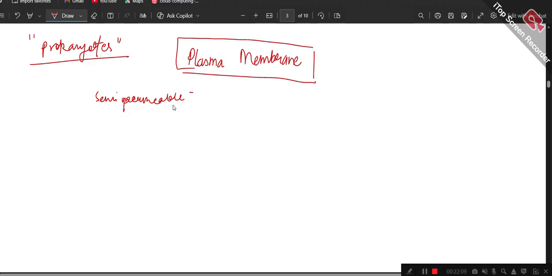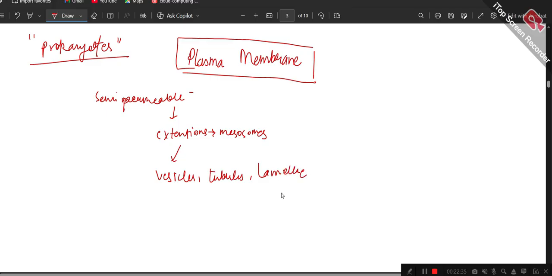There are certain extensions of this membrane called mesosomes. These mesosomes form vesicles, tubules, and lamellae in the cell.